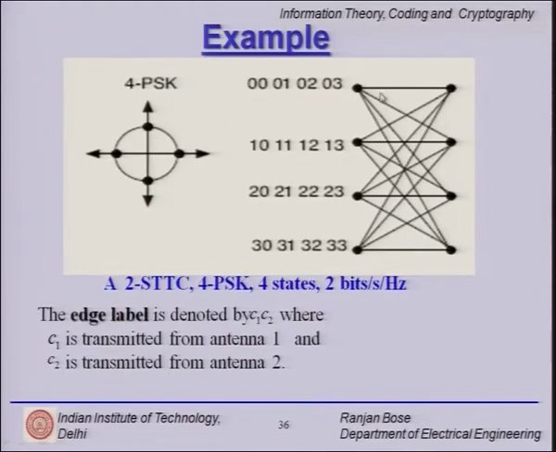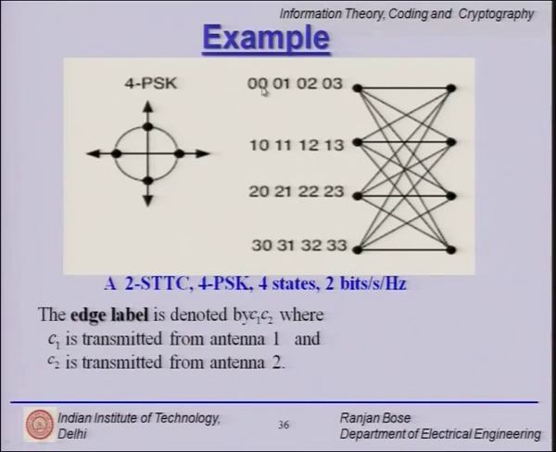There are 4 emanating branches from every node. So, there should be 4 labels here. Now, this is symbol S0, S1, S2, S3. So, this is a 4 PSK constellation, QPSK. Now, in a normal TCM scheme, each branch would be labeled with either S0, S1, S2, or S3.